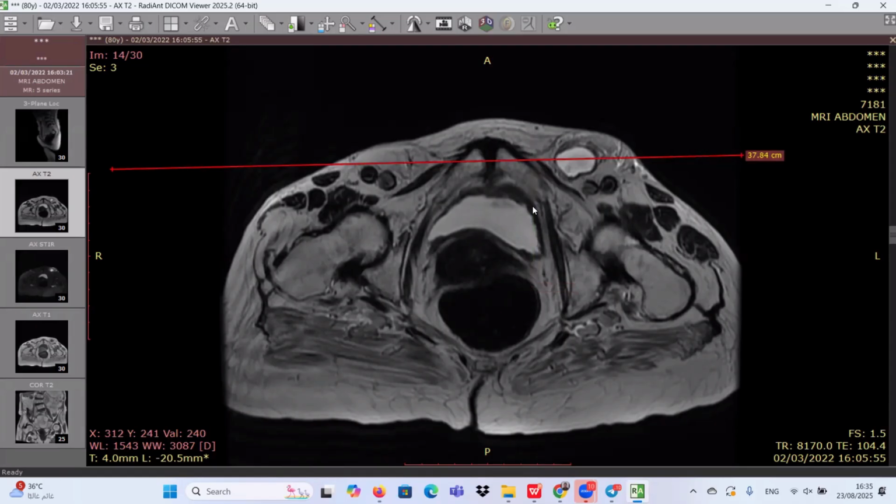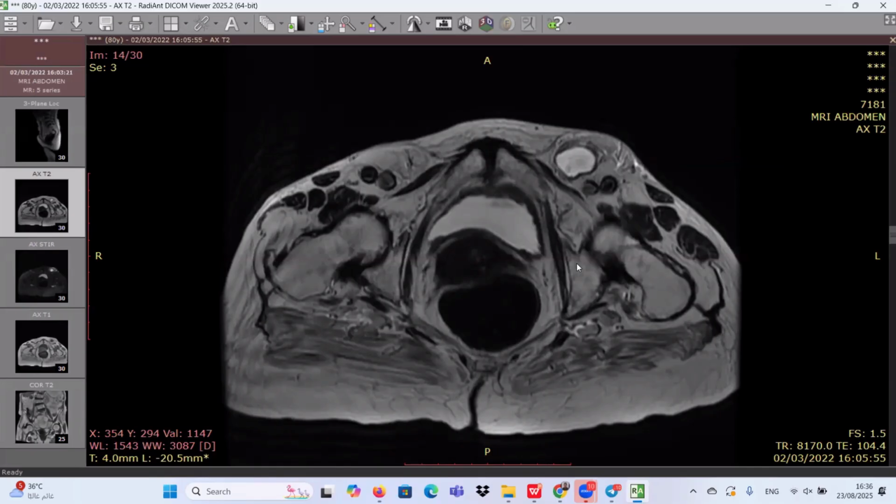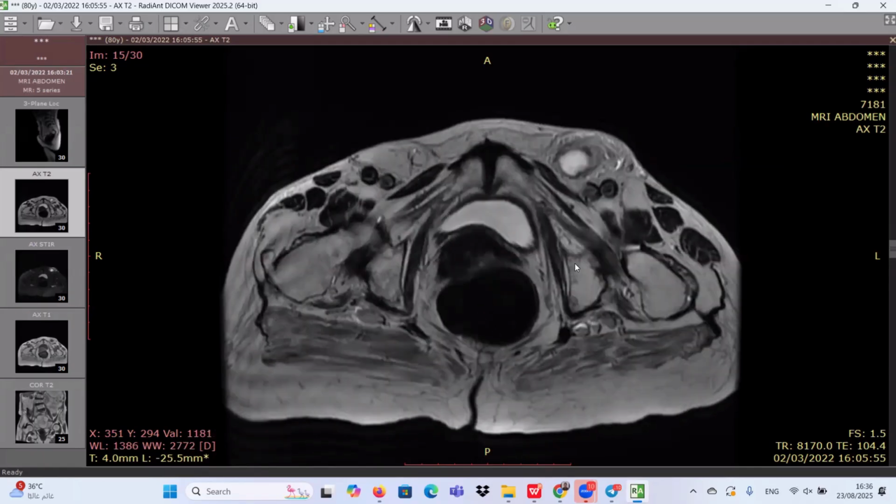But I would like to tell you something more important than this illustration. If you have any mass effect on the femoral vessels, especially the femoral vein, or indentation of the pectineus muscle, then for sure this is a femoral hernia.